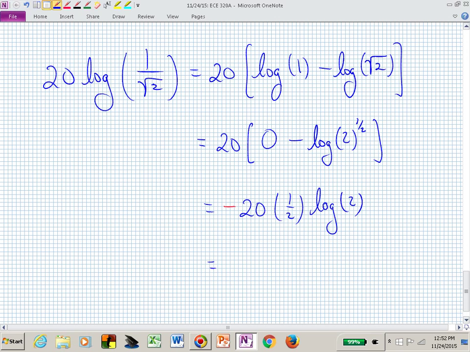When you say log of 2, oh, that's approximately 0.3. You just know that, right? So this piece right here is approximately 0.3, so that we now have minus 20. Let's go ahead and divide 20 by 2, so that we have minus 10 times the log of 2.